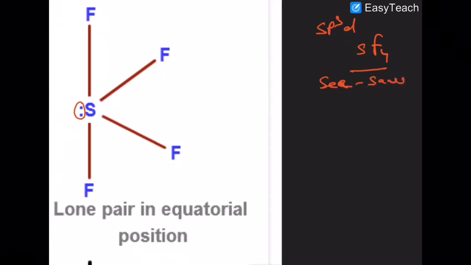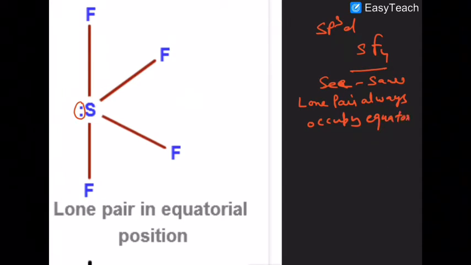Lone pair always occupies the equatorial position. Remember that. I am repeating once more. Lone pair always occupies the equatorial position. That you have to keep in your mind.